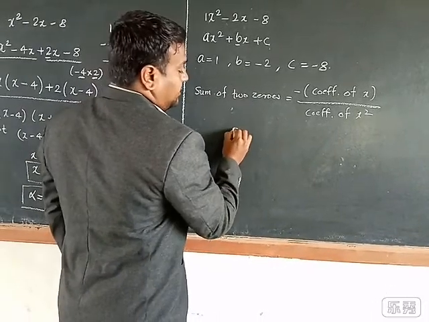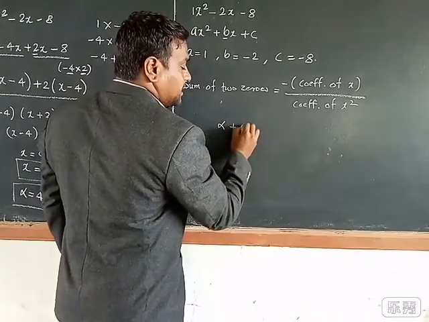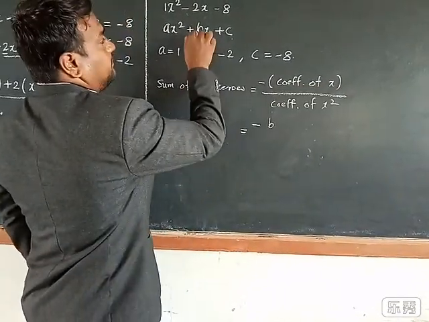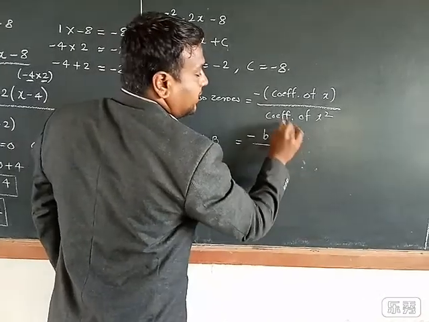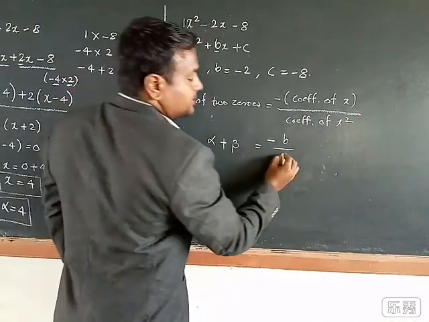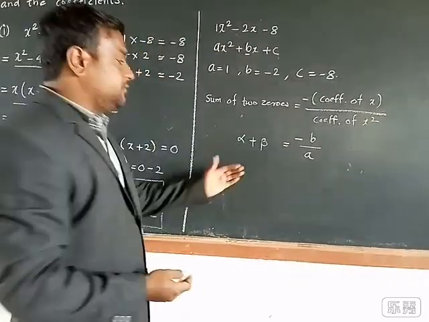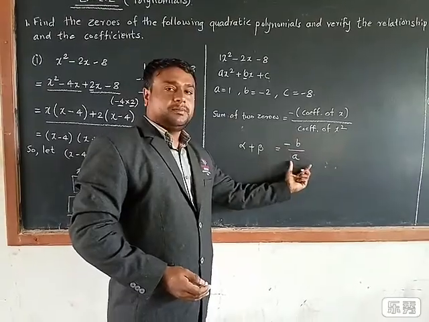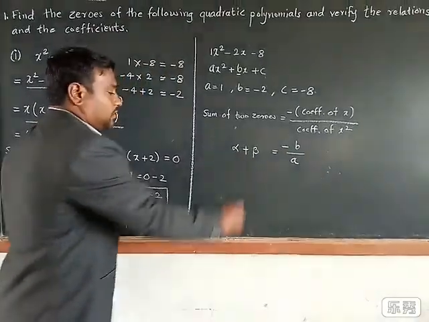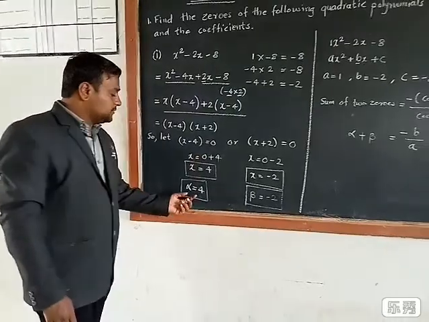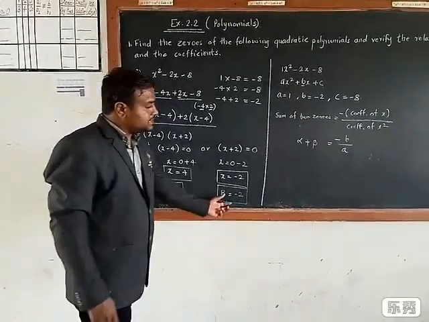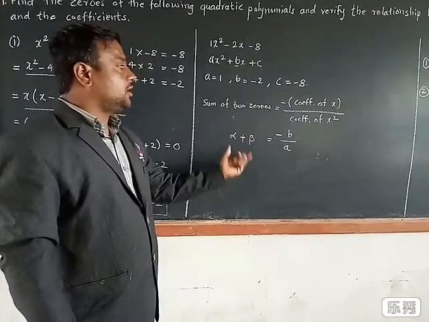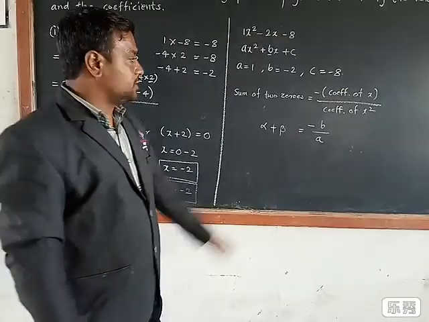That means alpha plus beta is equal to minus b upon a. So let's verify this relationship. We already found the two zeros: alpha is 4 and beta is minus 2.